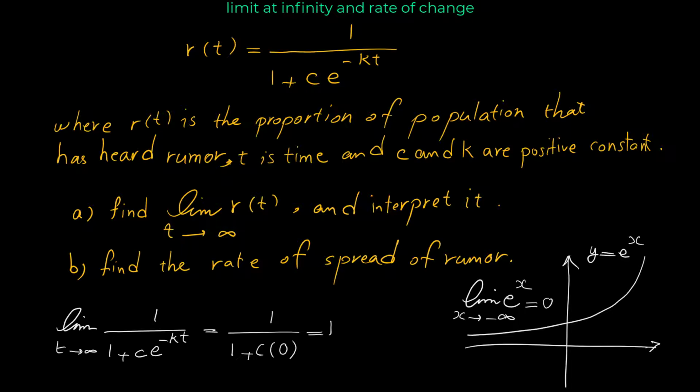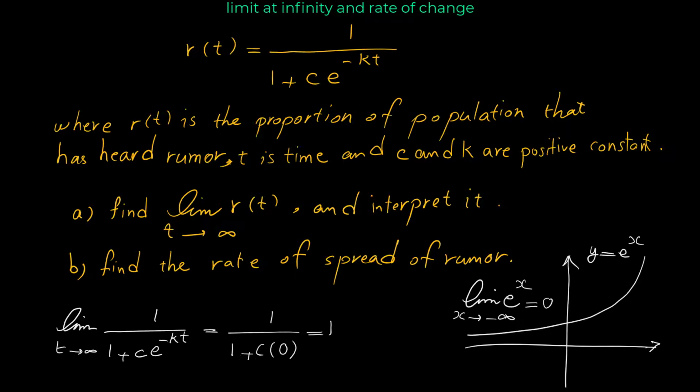We got the limit equals 1. This means that in the long run, everyone in the population has heard the rumor, because when the proportion is 1, it means that all the population has heard the rumor, which makes sense. At least from this model, we can conclude this.